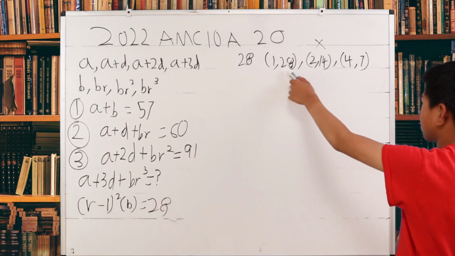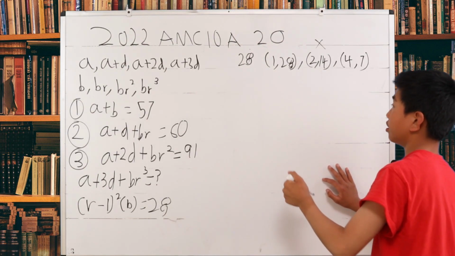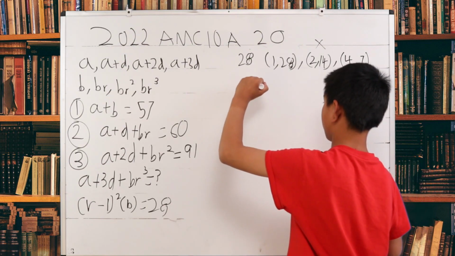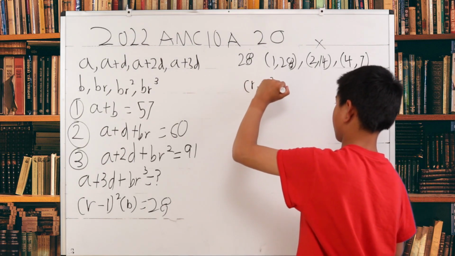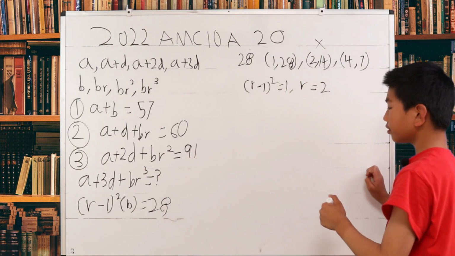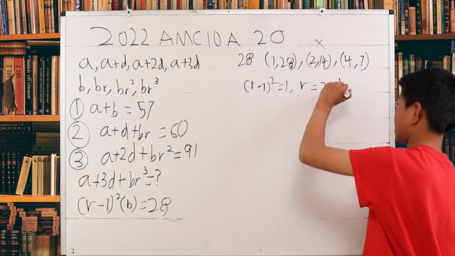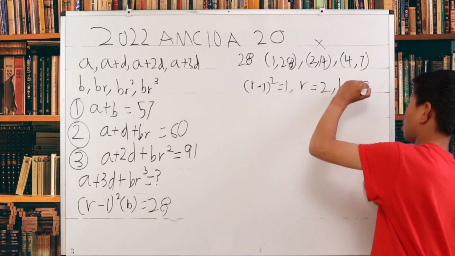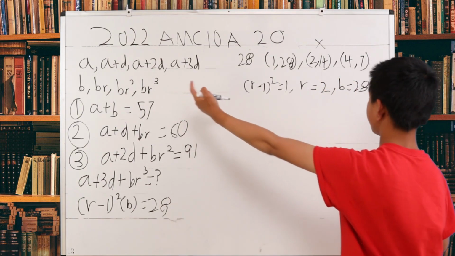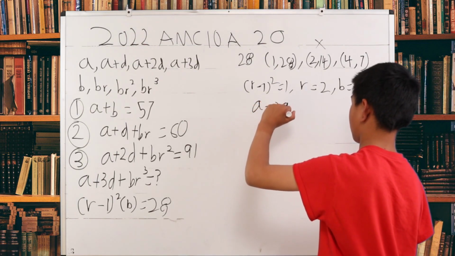Now, 1 and 28 seems intriguing. So we try and plug it in. 1 is a square, so R minus 1 squared is 1. R is equal to 2. And so, according to that logic, B is 28. When you plug it into the first equation, you get that A is 29.